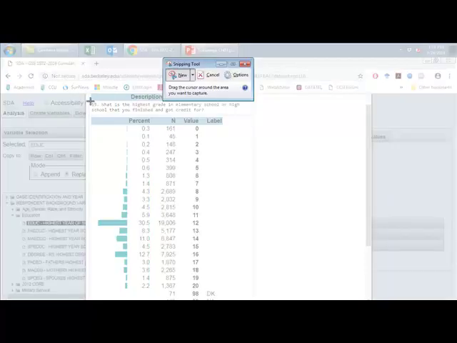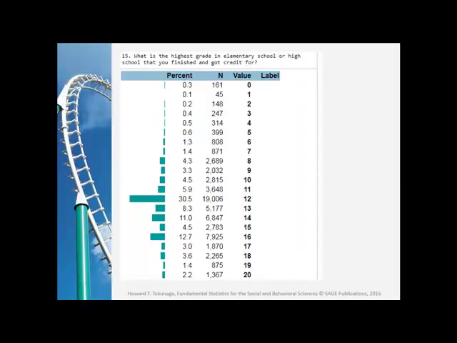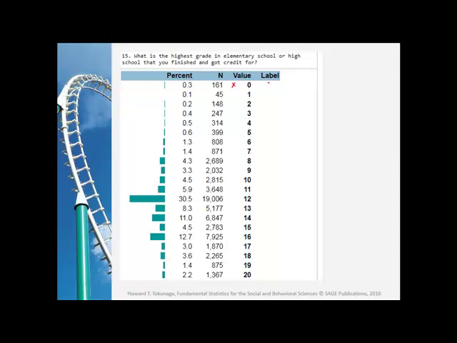Let me copy this so that we can actually go down and do it. So it would look like 161 times 0 is 0, 45 times 1 is 45, 148 times 2, according to my calculator, is 296, and we would keep on doing this all the way down to 1,367 times 20, which is 27,340.